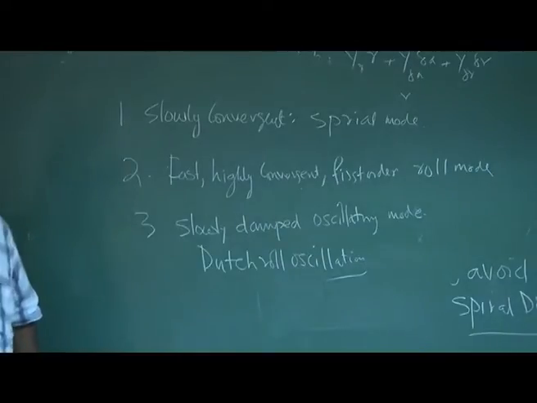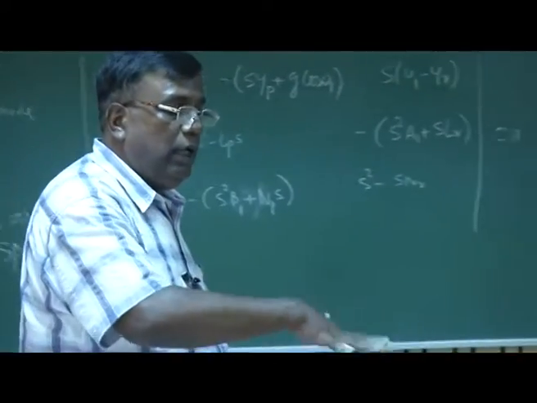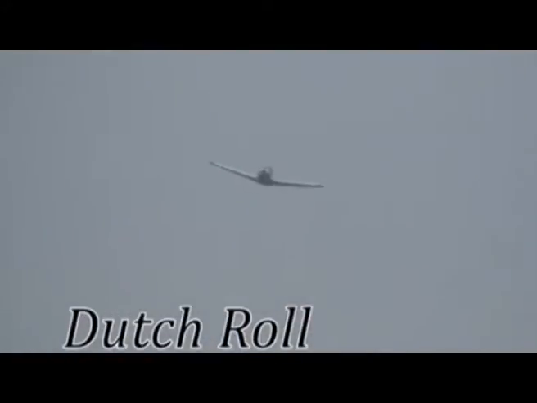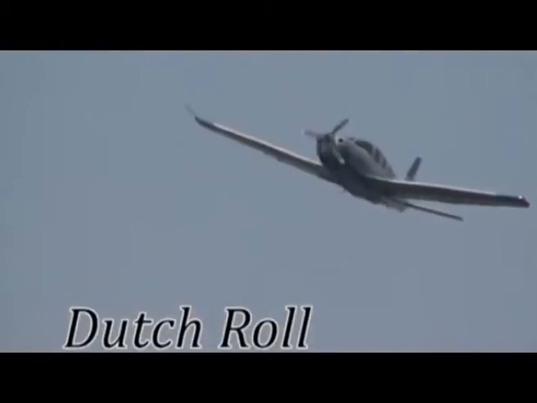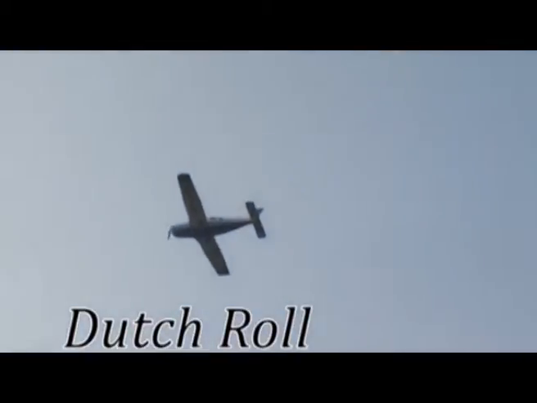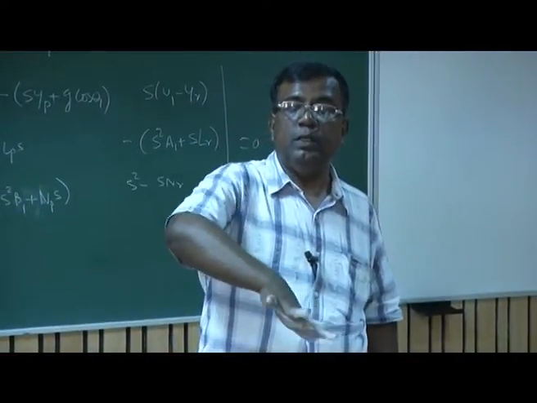It typically does like this. It will be doing like this and moving like this as well as doing like this. One motion is like this, another is doing this; a combination of these two motions is the Dutch roll mode.